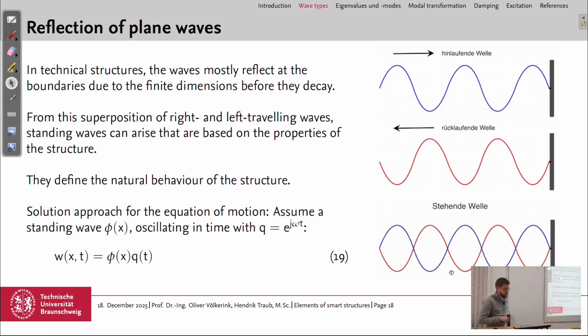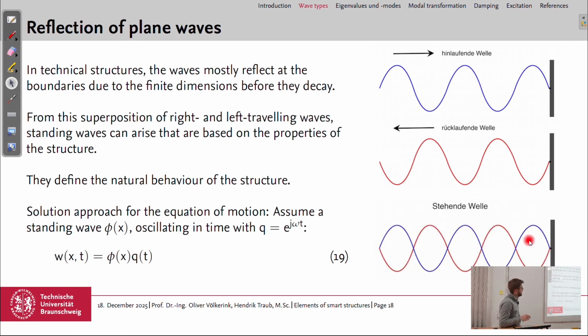So the shape of the wave does not change; only the amplitude changes with time. And we saw in the experiment in the beginning, where we hold the rod at the node, then we can excite the structure in the respective eigenmode.